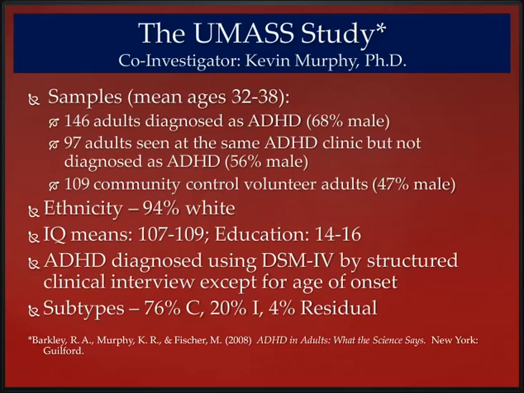The only exception to these criteria was that we waived the age of onset because we were studying age of onset as one of the dependent variables in this study. 76% of the individuals in the ADHD group were diagnosed with the combined type, 20% had the inattentive type, and 4% were diagnosed as having residual ADHD.